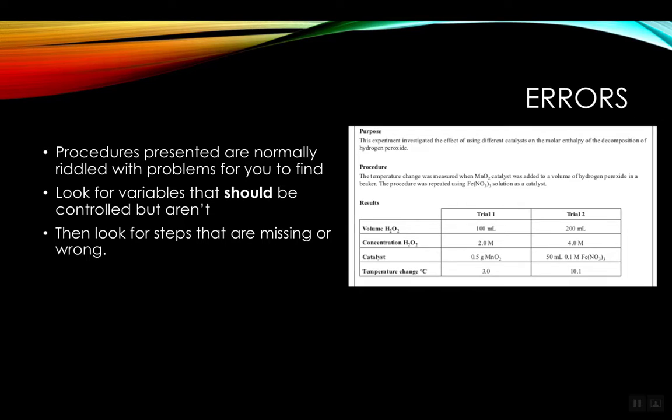Second thing, one that I know you all love, is errors. Okay? Now, first thing is, calm down. You are going to be presented with procedures that have deliberate errors in them. So, the first thing you look for is things that should have been controlled but aren't.